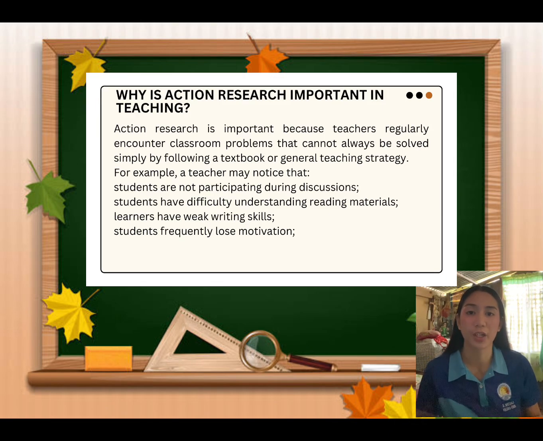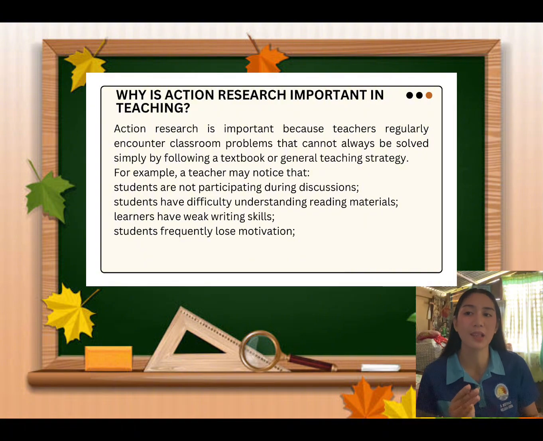Teachers encounter different classroom challenges. For example, students may not participate in discussion. They may have difficulty reading materials. They may have weak writing skills. Or perhaps a teaching strategy that we thought would work simply did not produce the expected results.